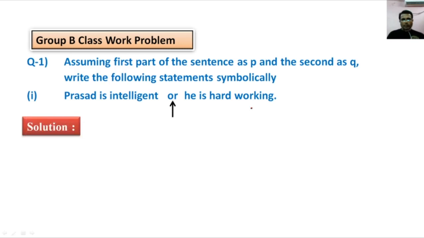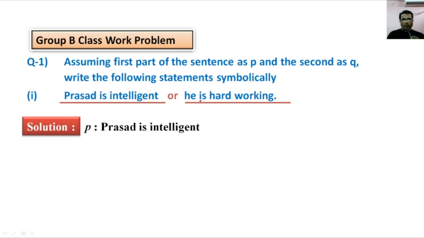Here the connective used is or, and we have two simple statements connected by or. Prasad is intelligent, this is one sentence, and he is hardworking, this is another sentence. So we will take P as the statement Prasad is intelligent, Q as the statement Prasad is hardworking.